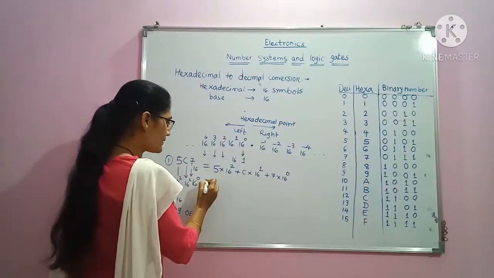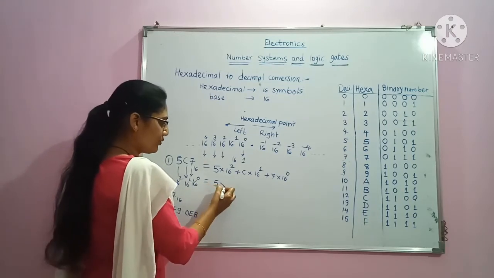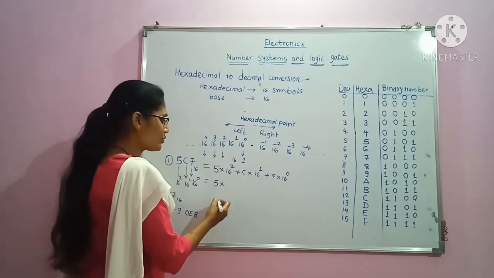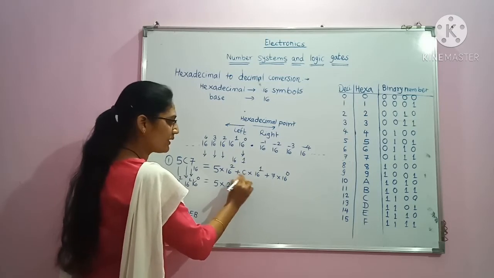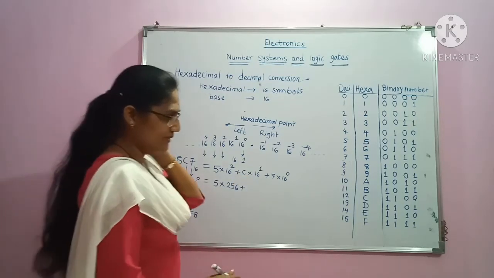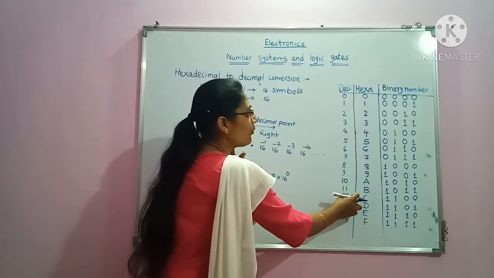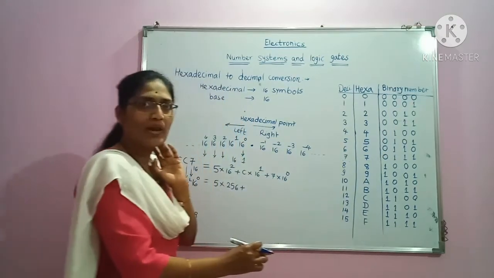While calculating the second step, I have to substitute the values. 5 into 16 raised to 2. 16 raised to 2 means 256 plus C. What is the representative value of C in decimal? The equivalent value of C in decimal form is 12.